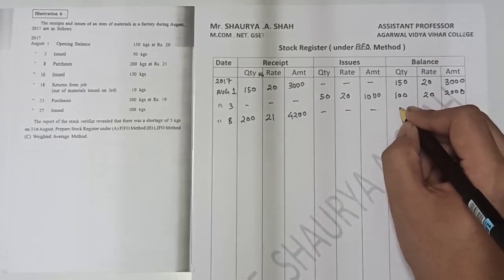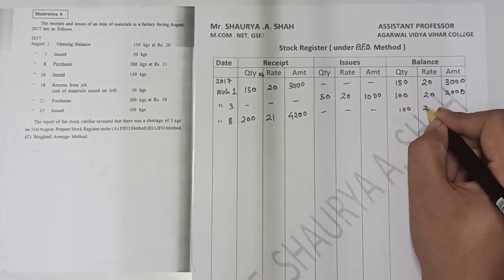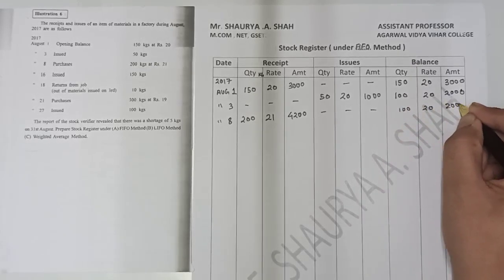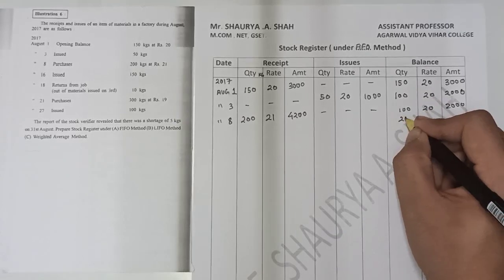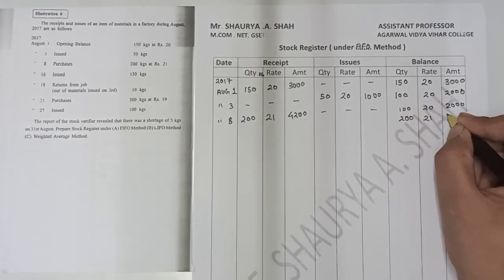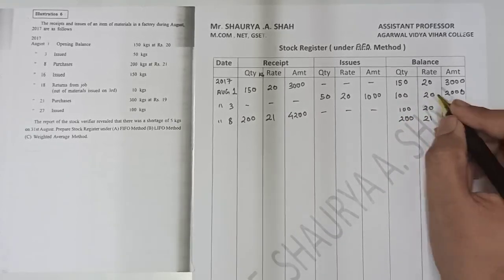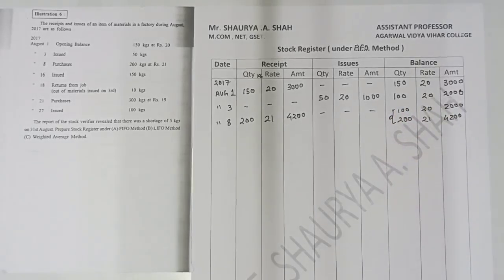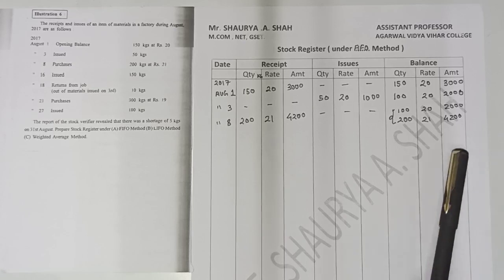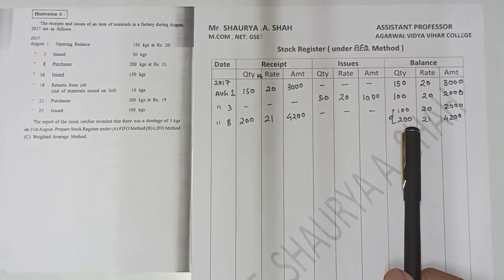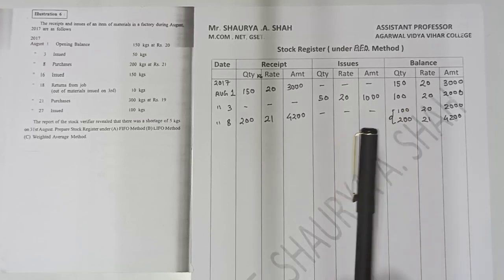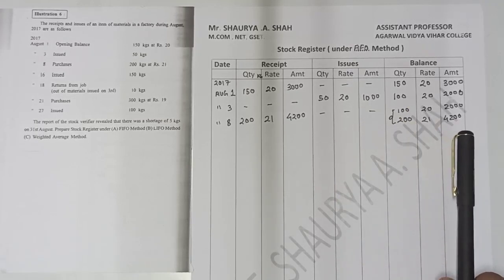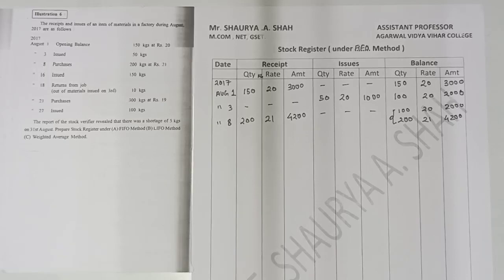Write down separately quantity 100, 20, 2000, and the new one 200, 21, 4200, and put a curly bracket here, right? So in all, if I ask you how much quantity I am having, students, you will say 100 plus 200, that is 300, and 300 is the total quantity, but the prices are different, so you need to write it down in a different manner. I hope it is clear to each and every student.